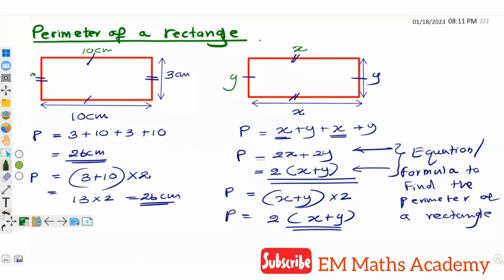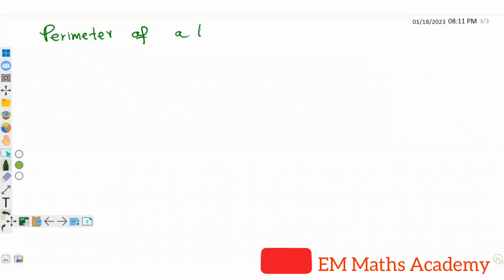Okay. Perimeter of a triangle. When we discuss the perimeter of the triangle, in the previous two closed plane figures, they are not categorized or classified according to the length of the side.